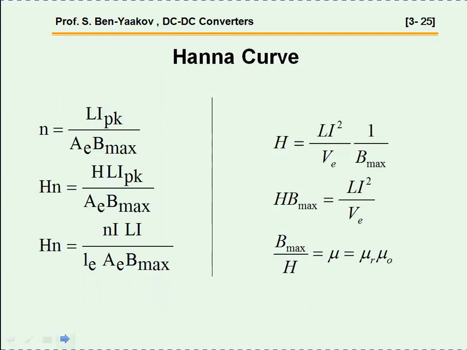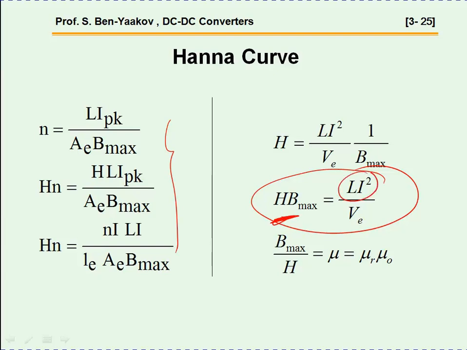Another piece of information is what's called the Hama curve. Again, starting with the basic equation, which I will not go into the fine details here, you end up with a relationship which relates the magnetic flux and magnetic field to the energy and volume of the core.